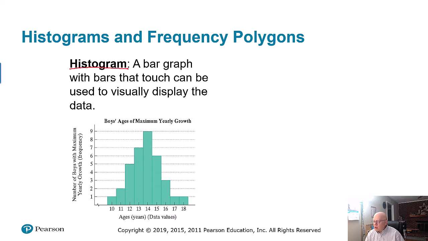One of the things to notice is that it is a bar graph, but with a histogram, the bars touch. So notice down here, this bar and this bar touch. Each consecutive one touches the next. That's one of the characteristics of a histogram.